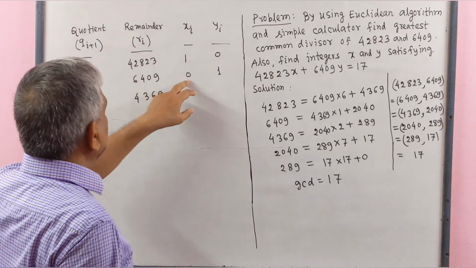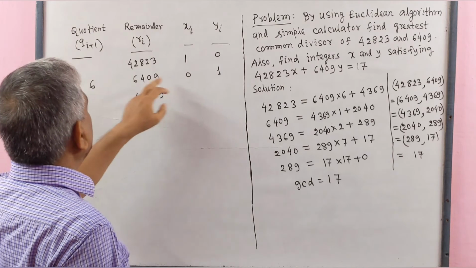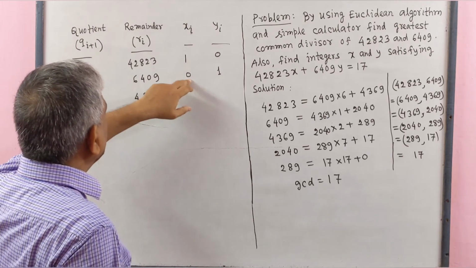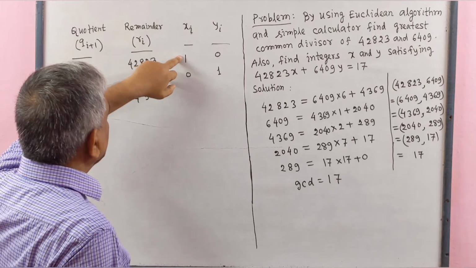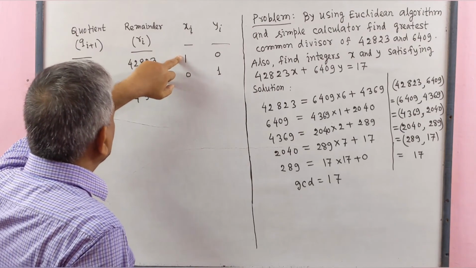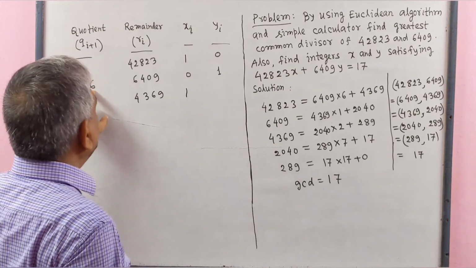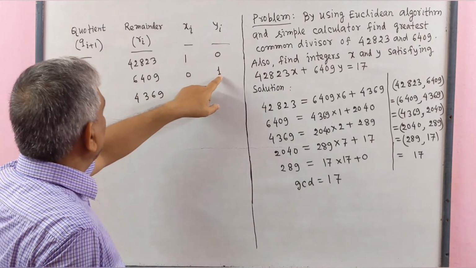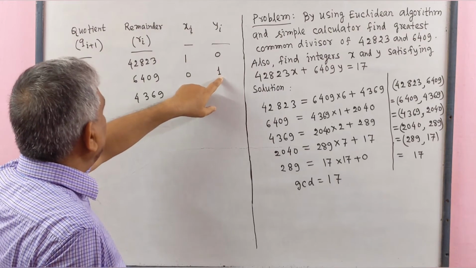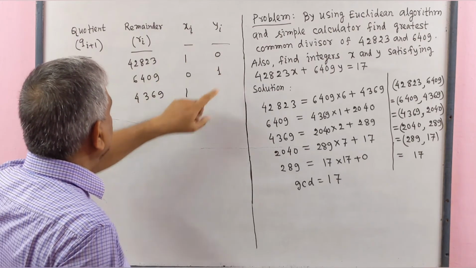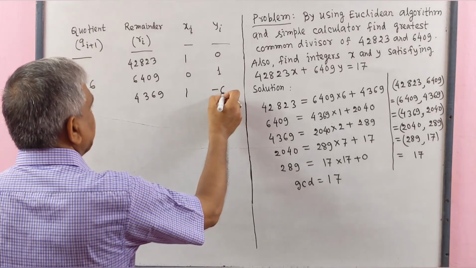Then we multiply 0 with 6, we get 0, and subtract from 1, we get 1. Now we multiply 6 by 1, we get 6, and subtract from 0, we get minus 6.